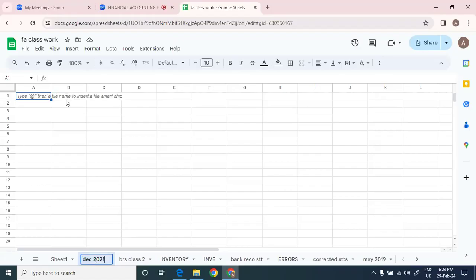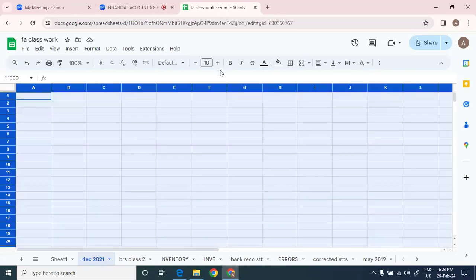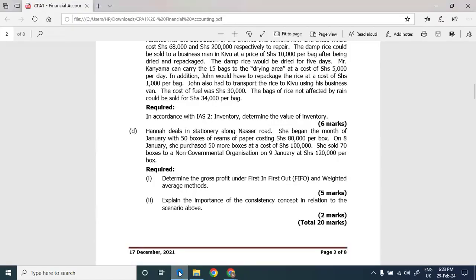So we come here, we start with our question. We are going to do stock cards. So the stock card is what we need. It is Hannah stationery.